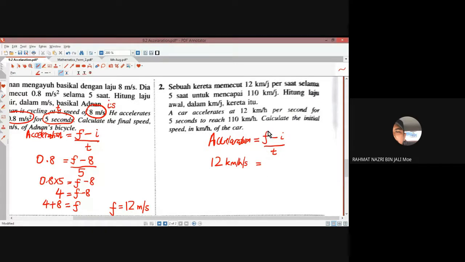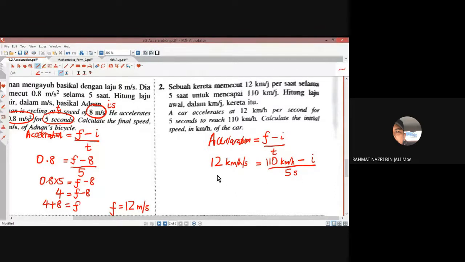The final one is 110 kilometer per hour minus initial divided by time, 5 seconds. So no need to convert 5 seconds to hour. We still can proceed because in the unit of acceleration got second, so we can cancel with this one.